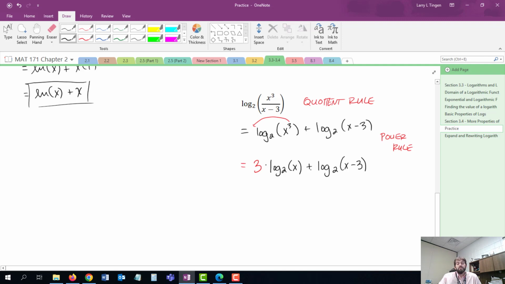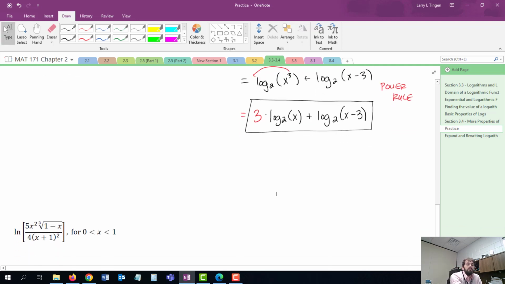Subtraction on the outside turns into division on the inside, or division on the inside into subtraction on the outside. Okay? I can't go any farther, even though you might want to. You cannot make this into log base 2 of x minus log base 2 of 3. You cannot split that up anymore. So if multiplication, division, and powers are all gone from the inside, I'm done with the 3 properties.